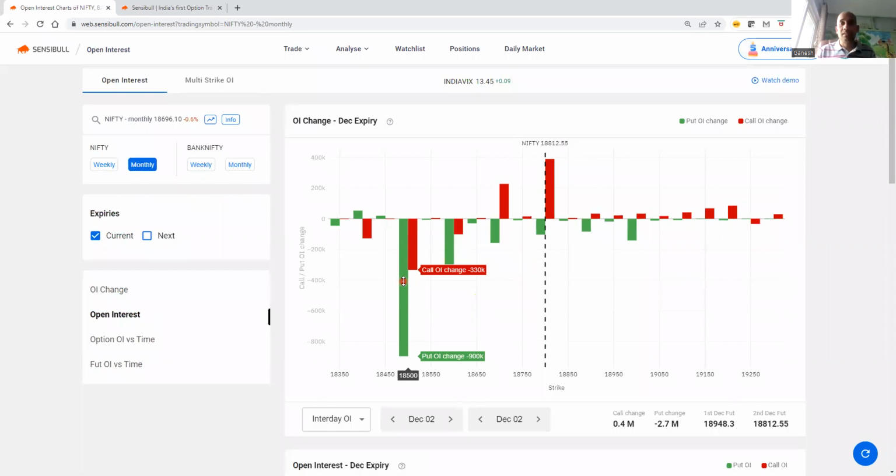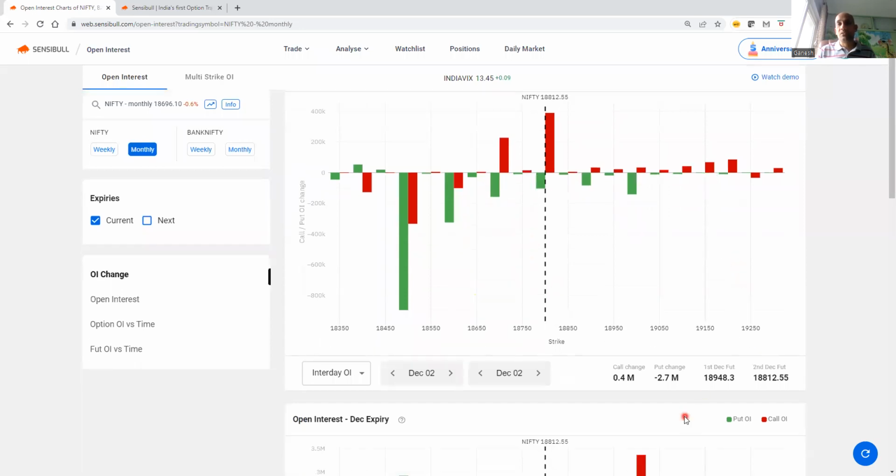Generally, because they understand that it's not coming down, why have puts at 800 or 500 when they don't have much value, so they go forward and take more puts here. But unwinding happened from the put side. So you can see minus 2.7 million puts were closed on 2nd December. That's what it's showing in the image. More calls were added.